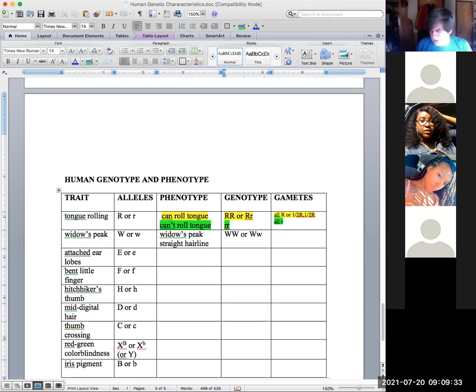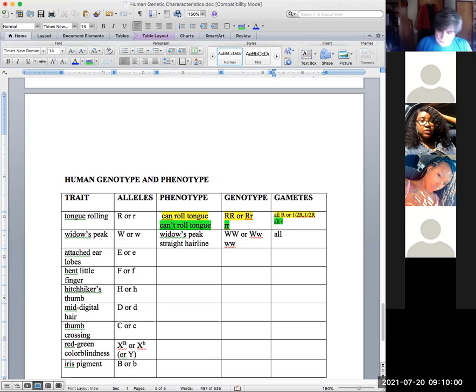Widow's peak is dominant. So if you have widow's peak, you could have two capital W's, or you could have a capital W and a lowercase w. If you have a straight hairline, then you have two lowercase w's.